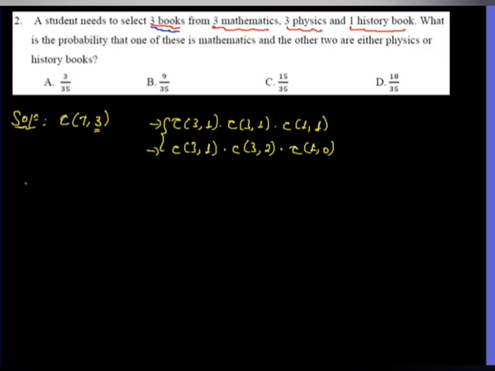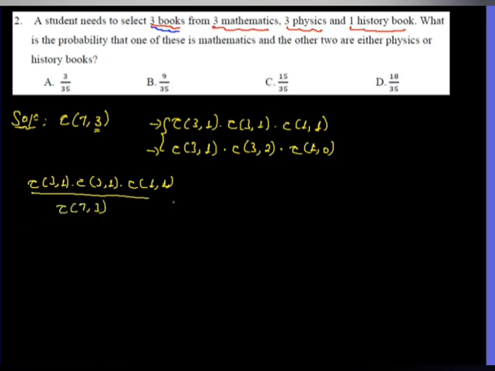So the probability of selecting this is combination of 3,1 times combination of 3,1 times combination of 1,1 over the sample space 7,3.